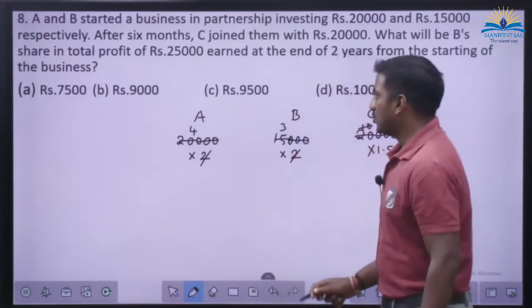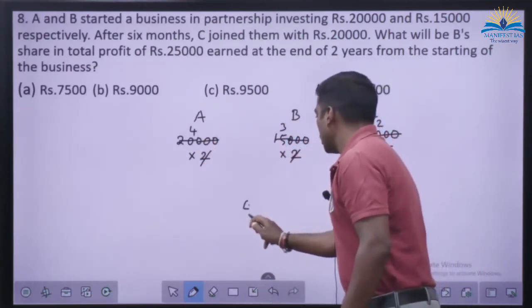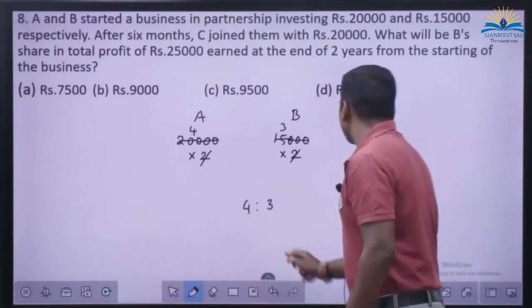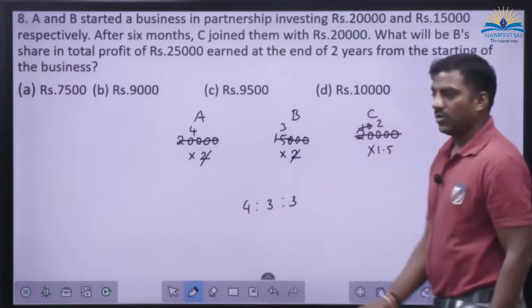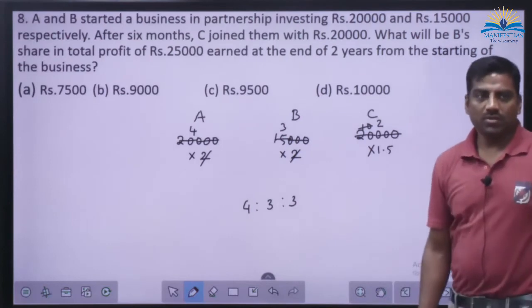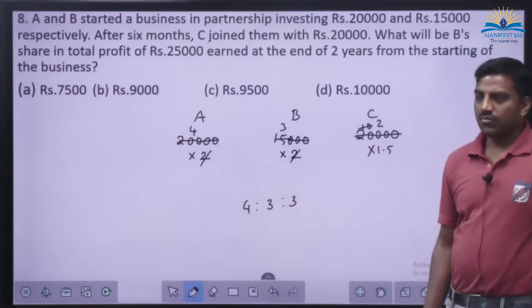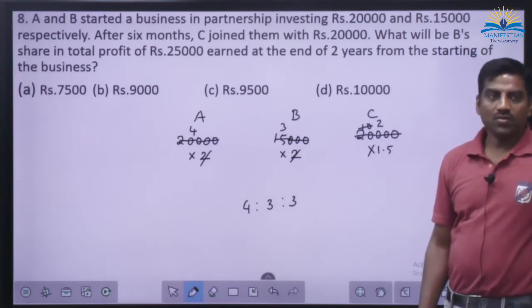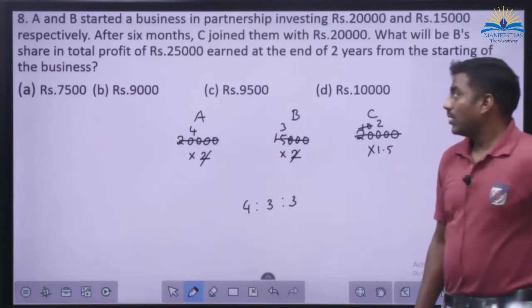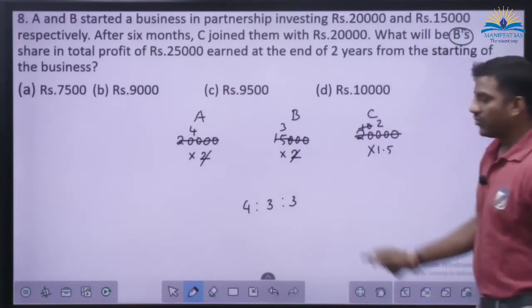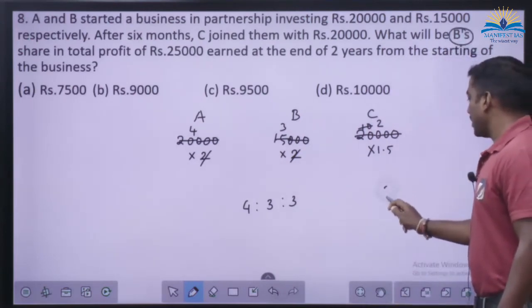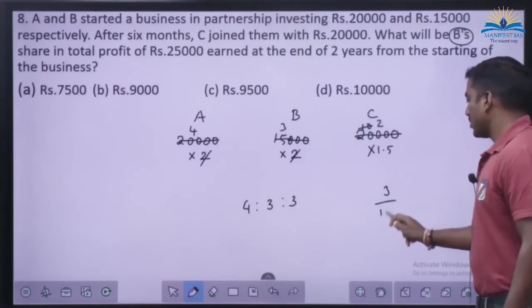What is the final ratio? 4 is to 3 is to 3. Yeah? 4 is to 3 is to 3. But what they are asking, what is B's share? B's share is how much out of this? 3 out of 10.